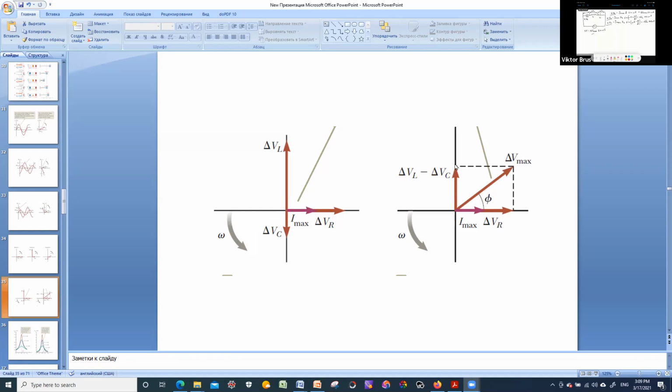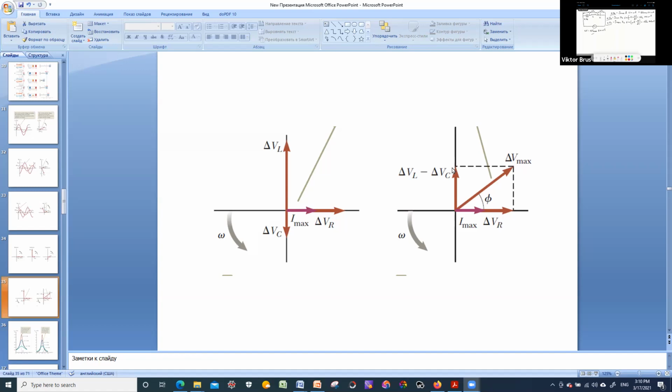We get the difference. So the resultant phasor will go upwards or downwards, depends on the initial values of these phasors. Then we have at 90 degrees phasor of voltage drop over active resistor.